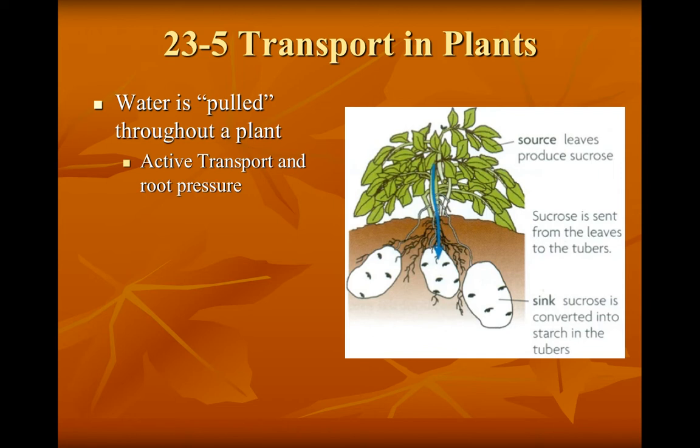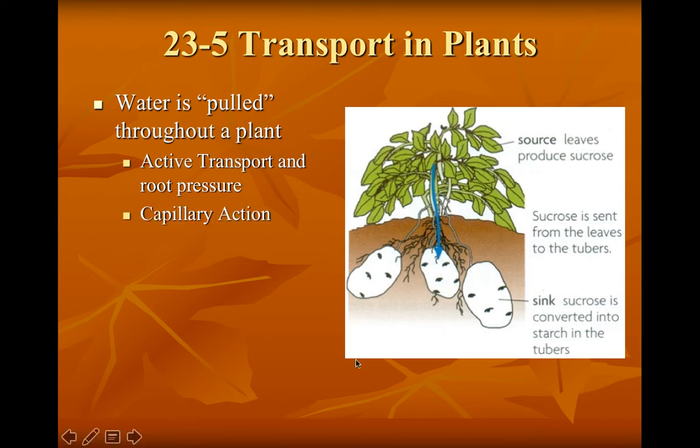And then because there are so many more of these ions, these dissolved substances, inside the cells of the roots, it forces osmosis to take place and pull that water in. Water ends up flowing into the roots and creating this root pressure.